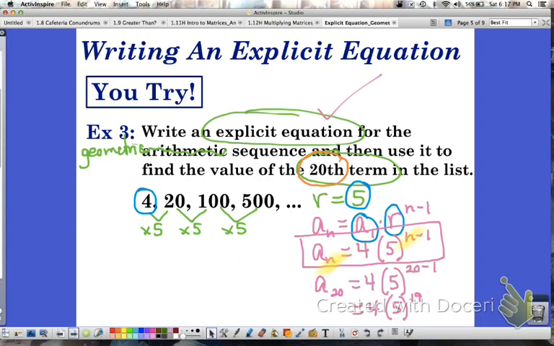Let's see if you got what I got. Remember, calculator says 7.629, etc. I'm going to write 7.63, and then it says E13. That's your calculator's way of showing scientific notation, which looks like this: 7.63 times 10 to the 13th.